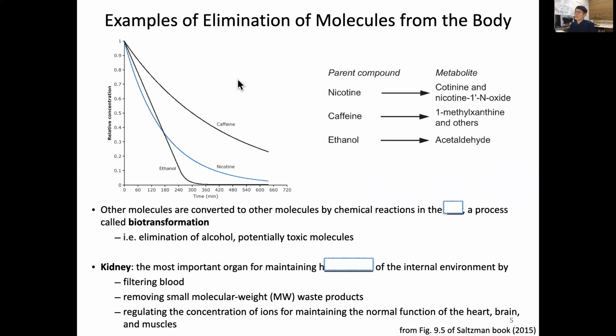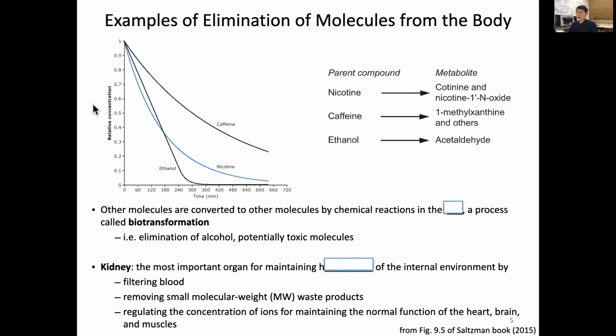So in terms of elimination, here I brought some typical molecules in our body as parent compounds: nicotine, caffeine, and ethanol for drinking. So this graph is a very important experimental graph.